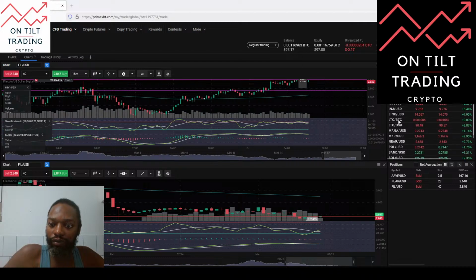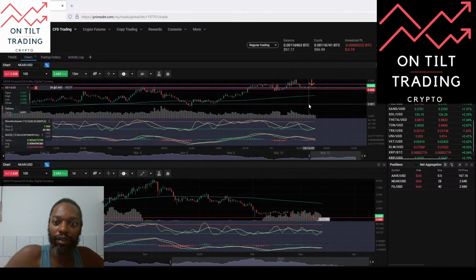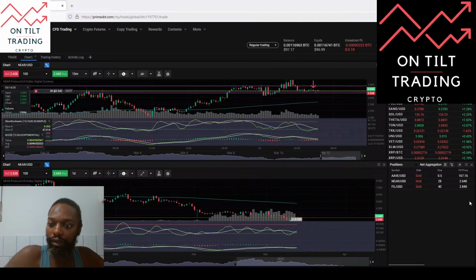So now we'll move over to Near Protocol. I'll tell you what I saw on it. So here on Near Protocol, we can see on the daily, we're trading well below this 200 EMA, so I'm going to have a short bias on this particular currency pair.